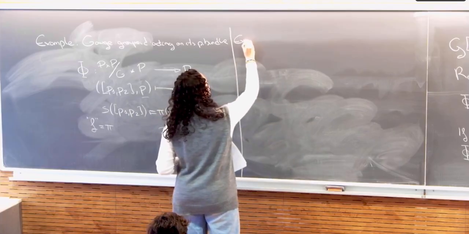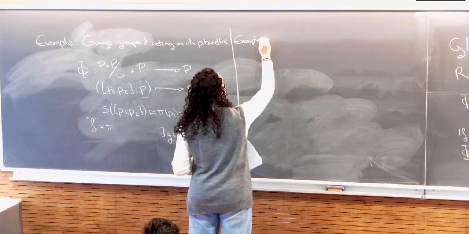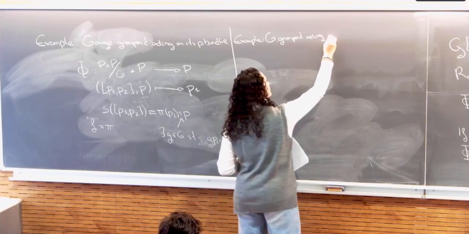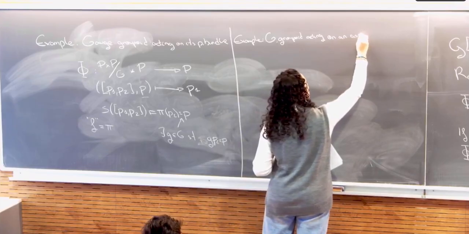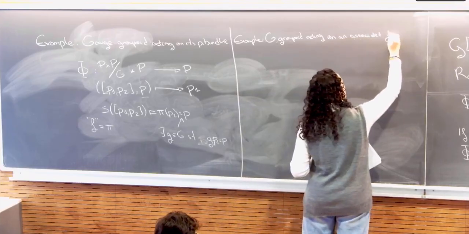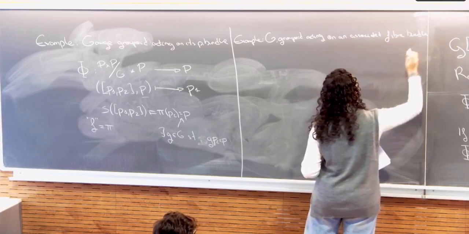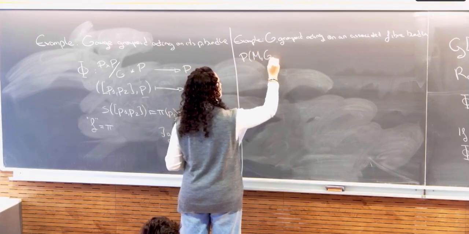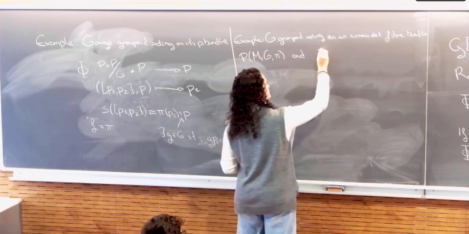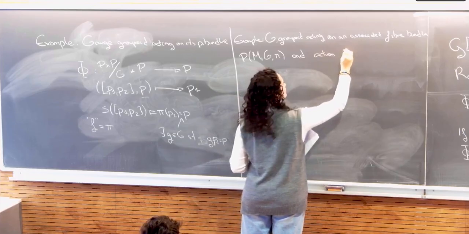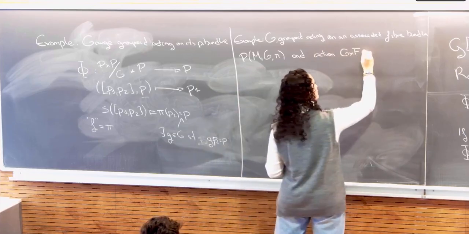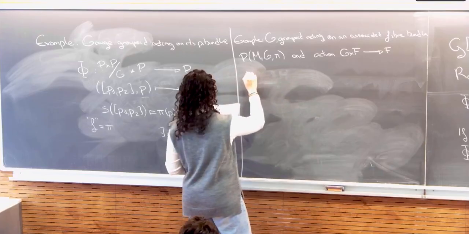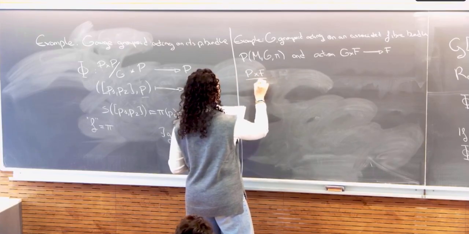So, if we have a principal bundle and an action of Y on a manifold F, we can consider the associated bundle, that is this one.